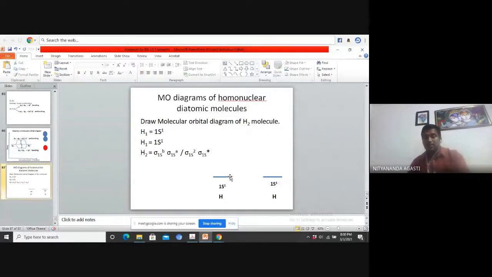Two atomic orbitals you are combining. You will get two molecular orbitals. Right. And I will quickly connect them. They suggest these are from this. Atomic orbitals are combined to give you these molecular orbitals.